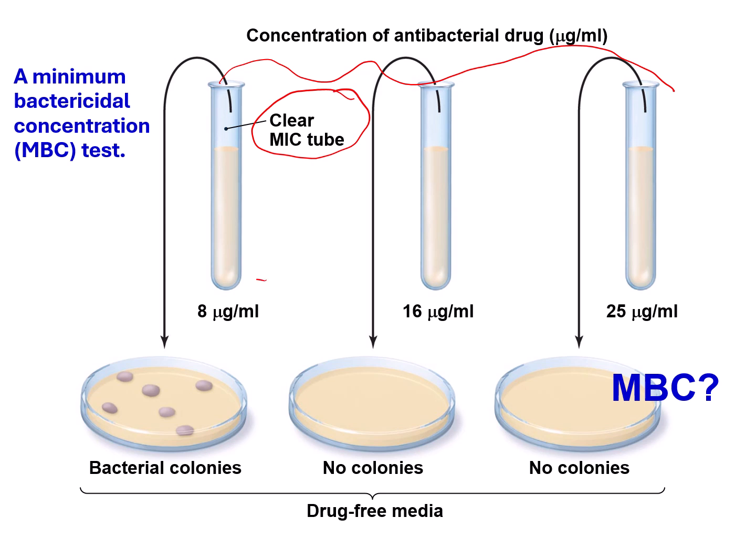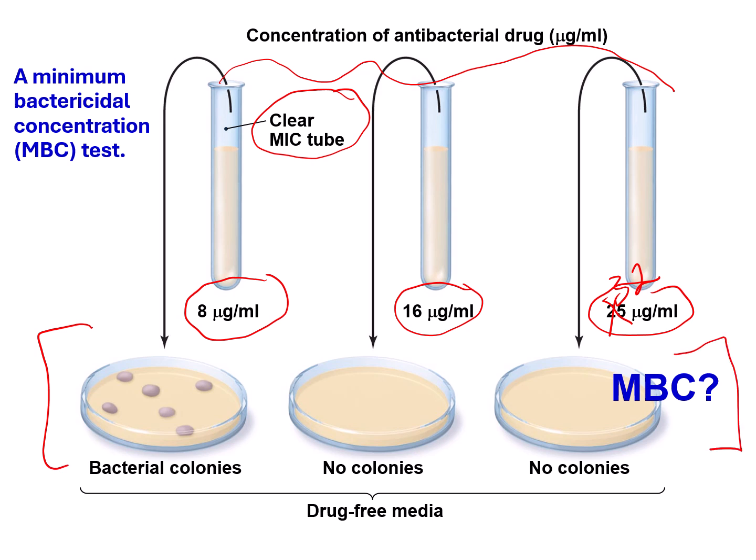I can then use my results from that minimum inhibitory concentration test. Remember, I had clear tubes starting from 8, then 16, and in my other example, it was 32 micrograms per mil. And I'm going to take a loopful of each of these to inoculate onto my agar plates in order to determine the minimum bactericidal concentration of the drug. So when I do that, I can actually see growth, because for turbidity or cloudiness tests, it's hard to tell that there are actually no microbes in there.